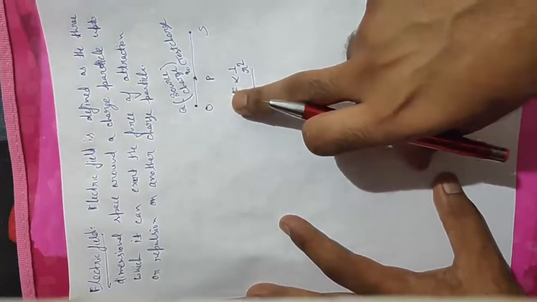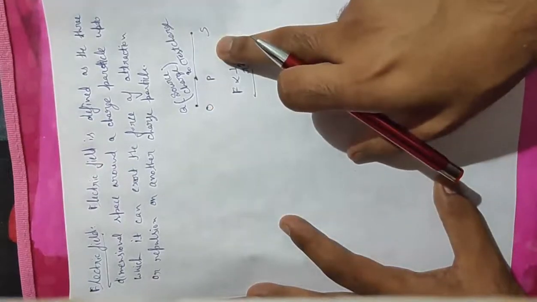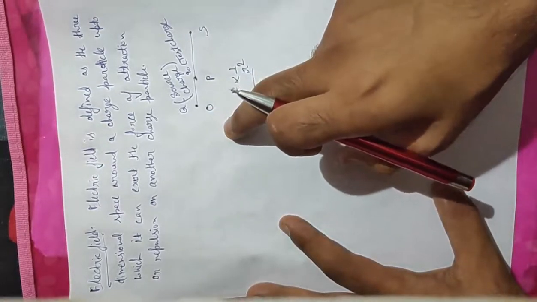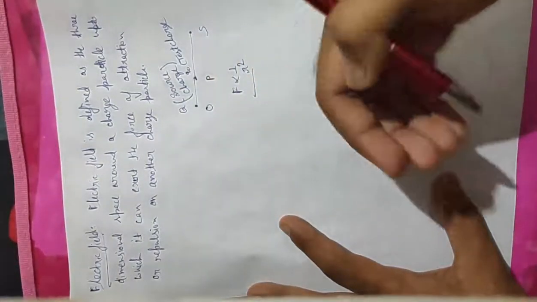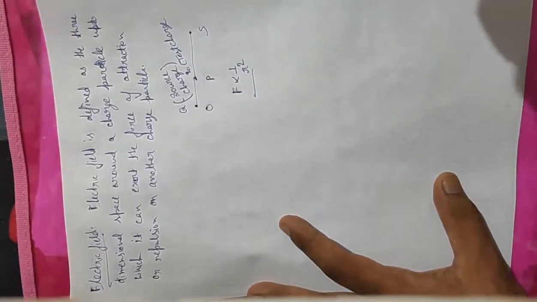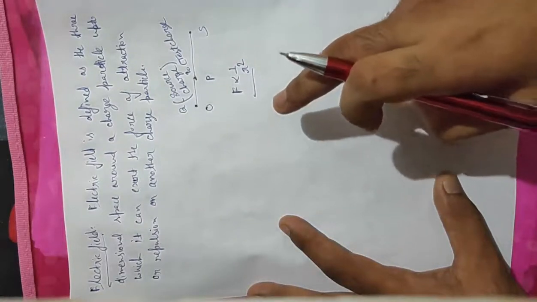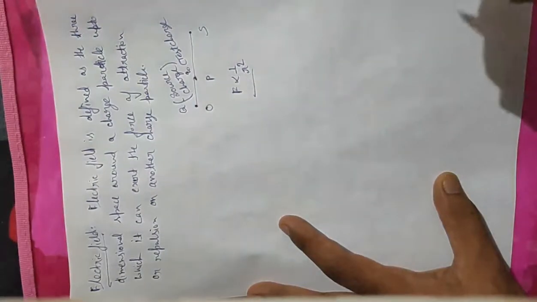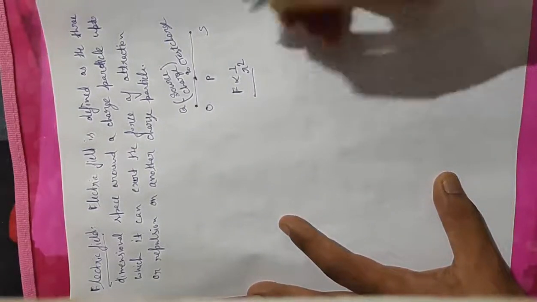Similarly, we can find this type of point on the left hand side of Q, right hand side of Q, below the charge, above the charge, above the plane of paper, and below the plane of paper, which means we will find a three-dimensional sphere around this charged particle up to which it can exert its influence. That sphere is known as the sphere of influence, and the space up to which it can exert its force is known as electric field.